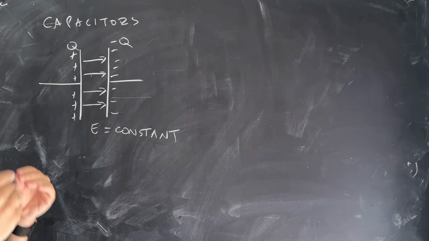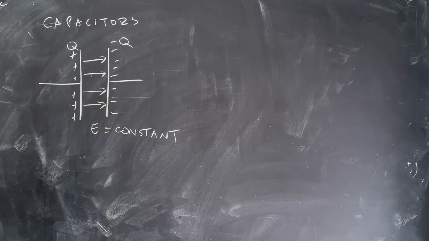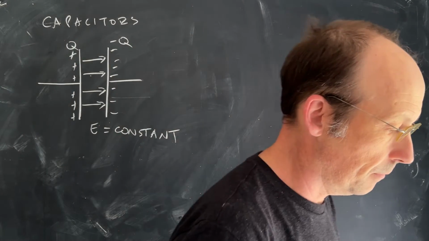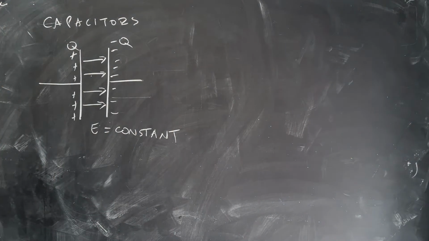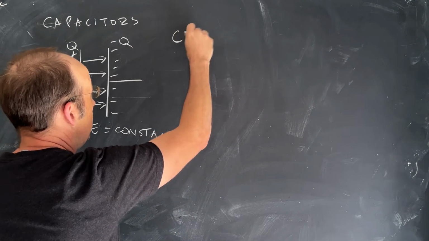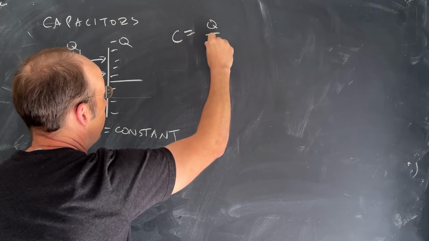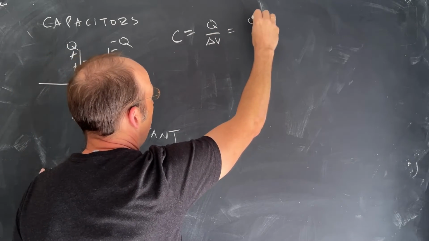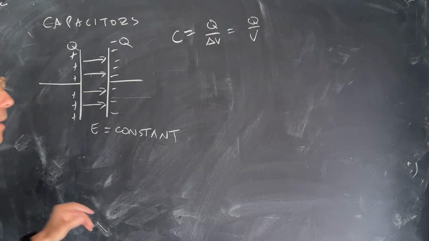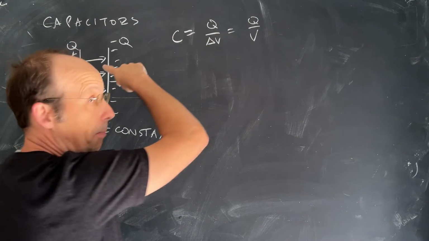And this is a great way to set up a situation with constant electric fields that we can use in other situations. We define the capacitance of a capacitor as C is Q over delta V. And a lot of times they write this as just Q over V. Okay. So C is the capacitance of the capacitor.